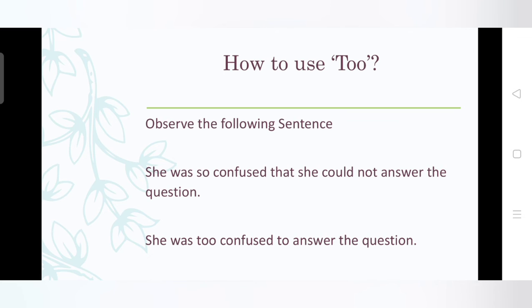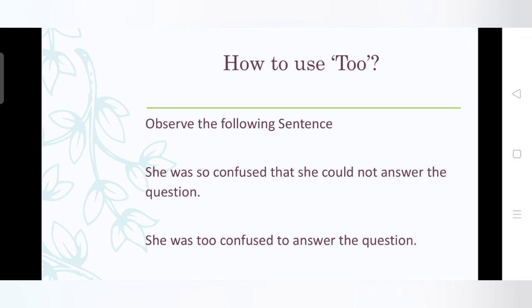And if I want to convert this sentence using the word to, what should I do? Try to remember the things which I have told you earlier. The first thing was, remove the word so, and at the place of so I will write down the word too.